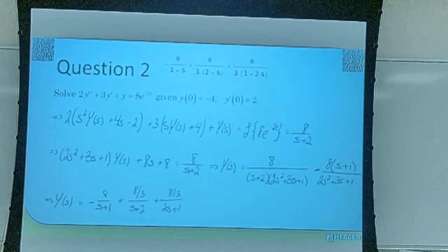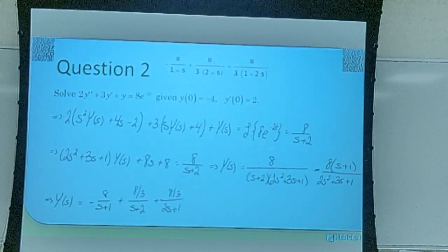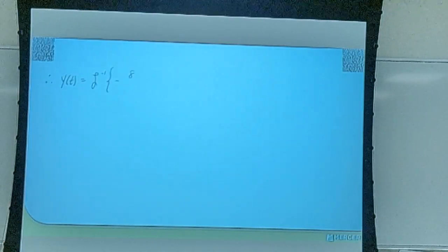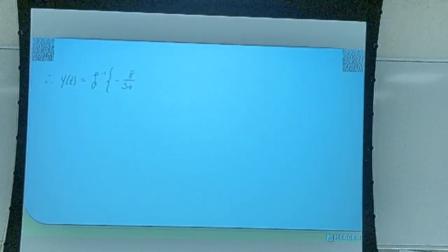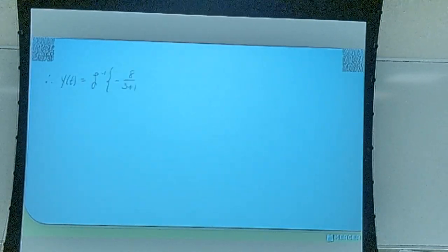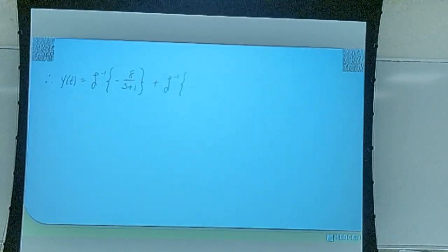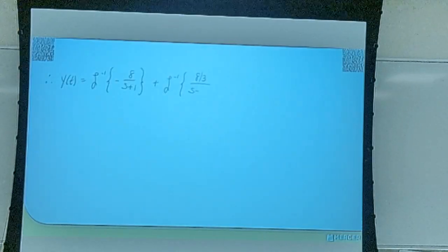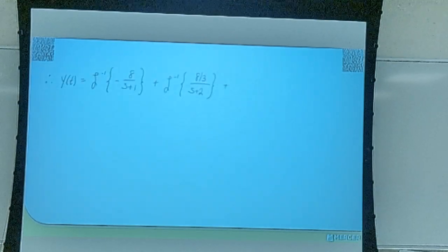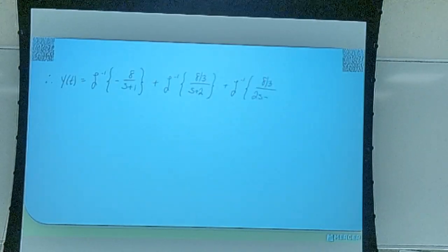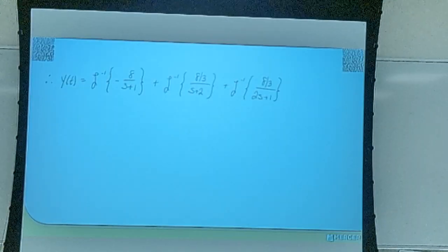y of t then, plus 1, this plus 2, and then, right, of those inverse transforms.